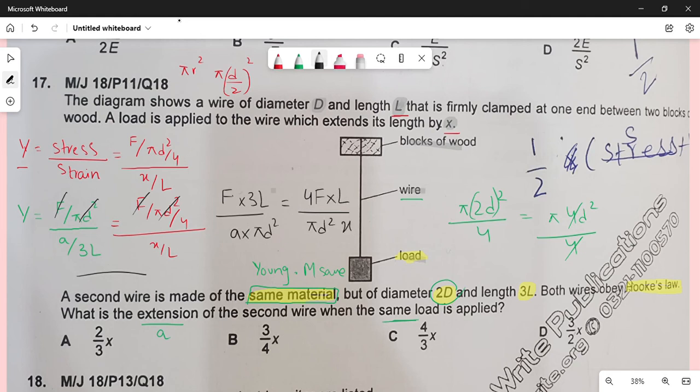Now you can do it more easily. Let me cancel F with F, L with L, and pi d squared with pi d squared, and we have to make a the subject. Let me erase this.